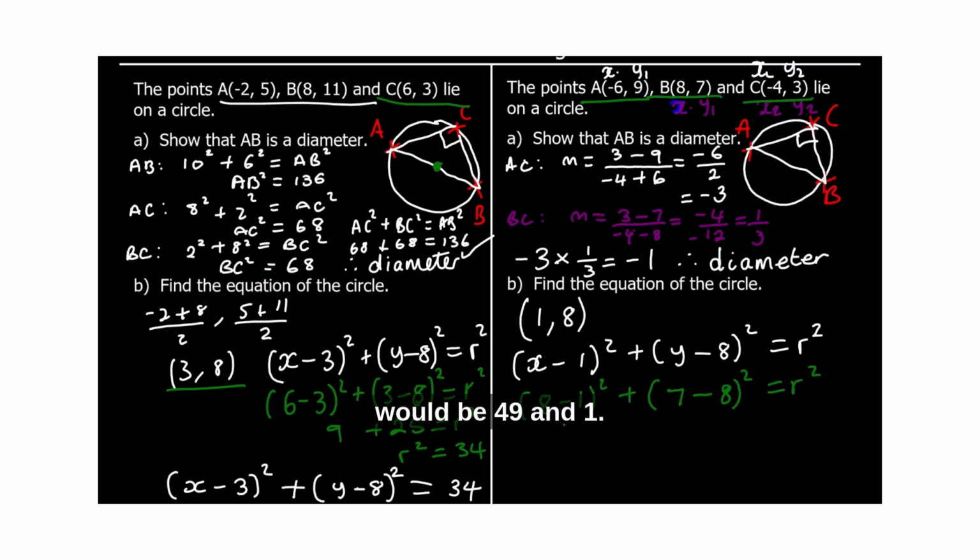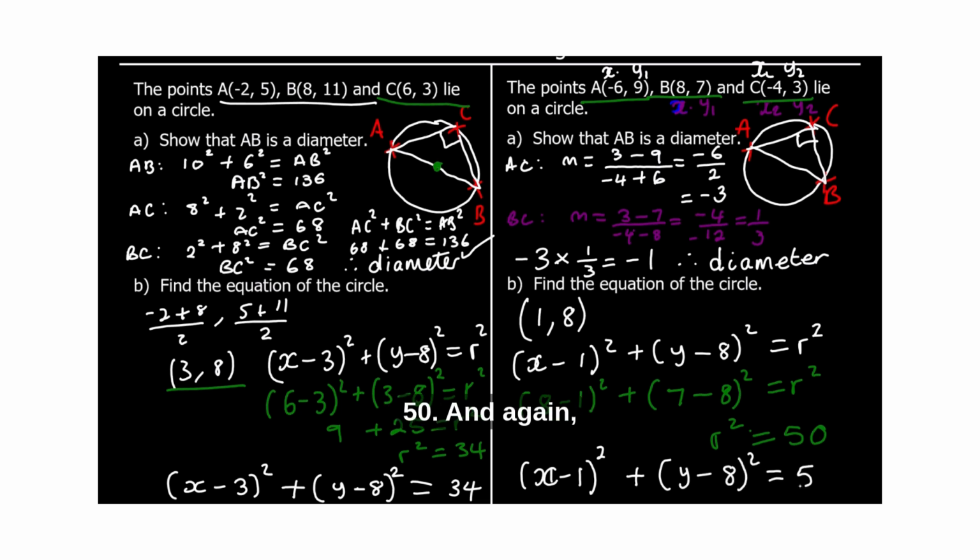That would be 49 and 1. So R squared is 50. And the equation is x minus 1 squared plus y minus 8 squared equals 50.